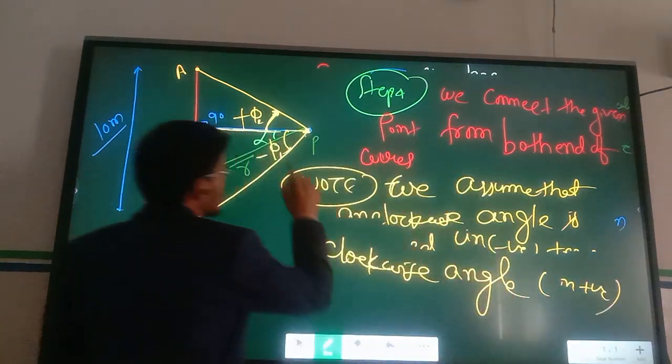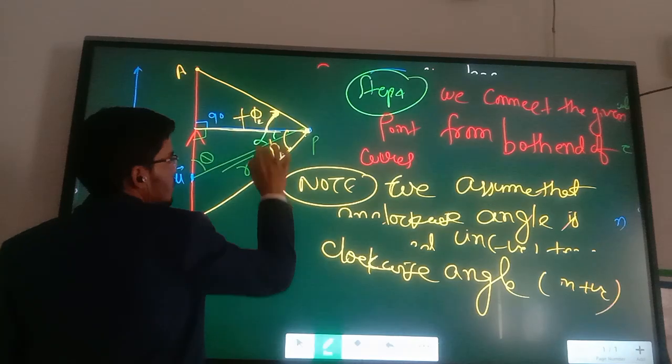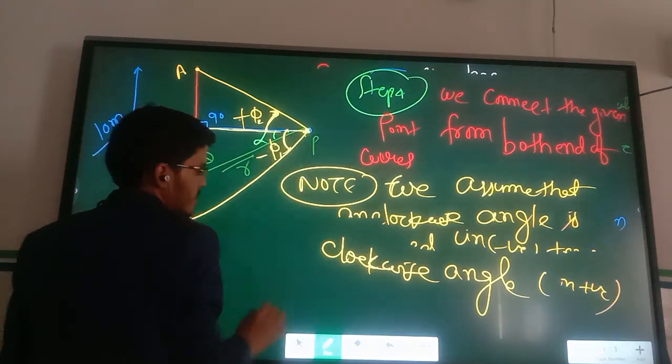So this is the clockwise angle, so this is plus phi 2, and this is the anti-clockwise angle, so this is minus phi 1.